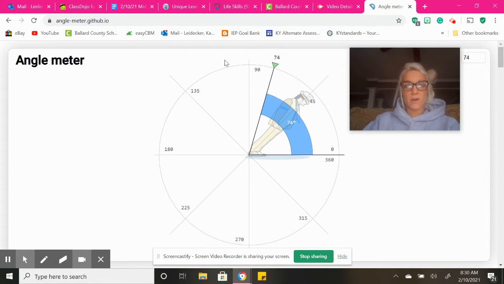So we talked about a right angle is exactly 90 degrees. I can put a little square right here and it would make a complete square, 90 degrees. 90 degrees is a right angle, okay? Now anything smaller than that right angle, 90 degrees, like this would be 11 degrees.